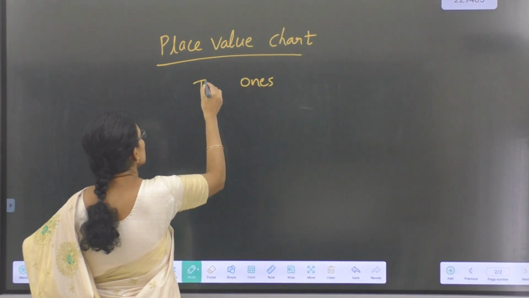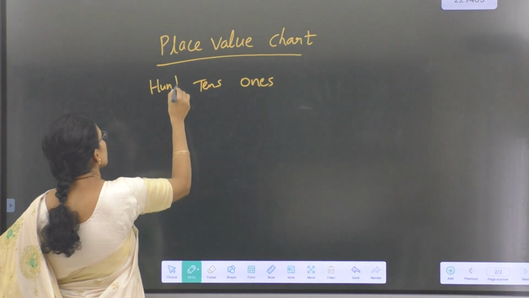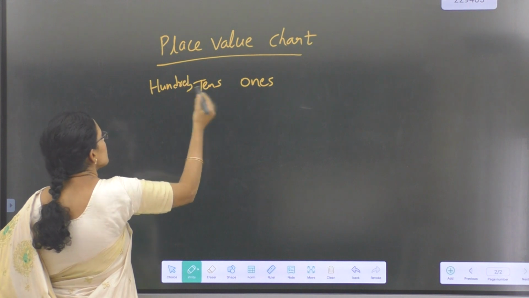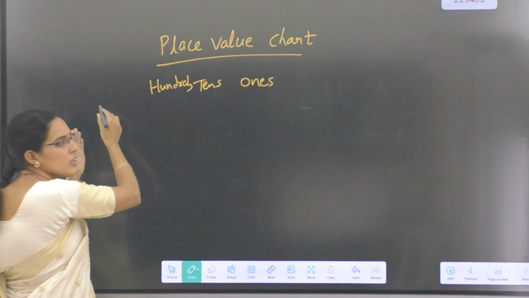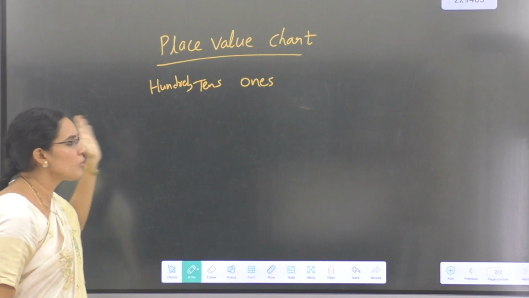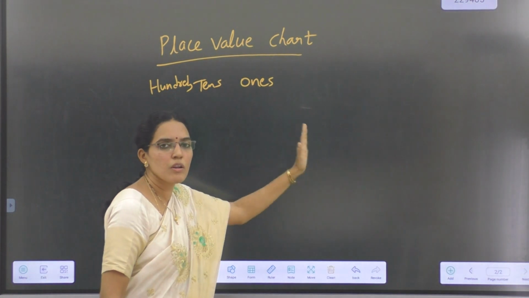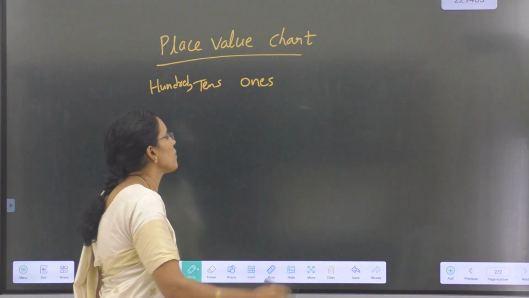Ones, tens, hundreds, thousands, 10,000, 100,000, millions. Okay, you know these places. But decimal numbers extend the place value chart toward the right of the ones place.